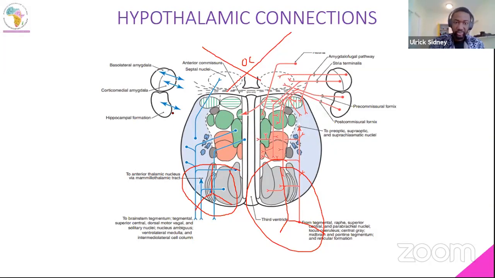And we can see the different connections we're talking about. We spoke about afferent connections and efferent connections. We saw that there were connections from the hypothalamus to the cortex, to the spinal cord, to the limbic system, equally going to the cingulate gyrus. So quite a few of them.